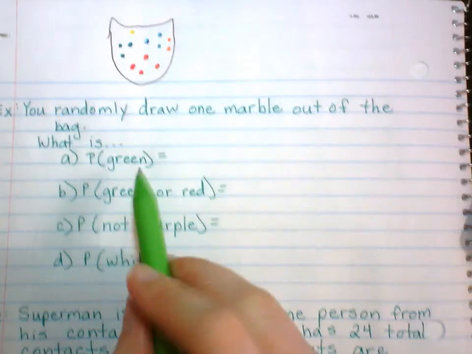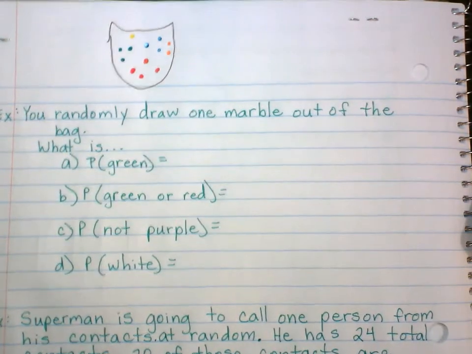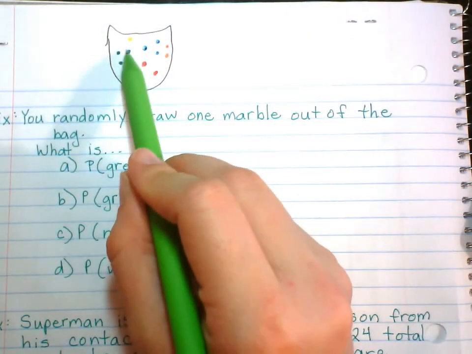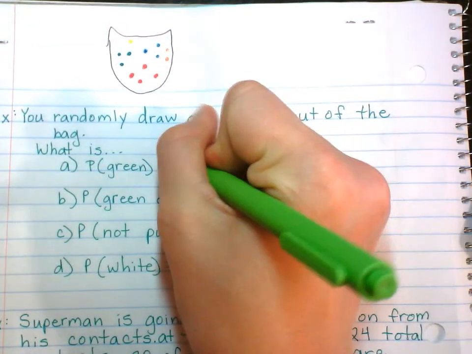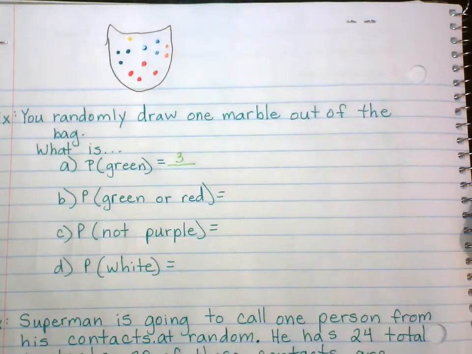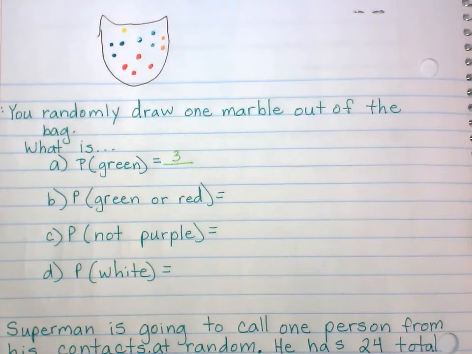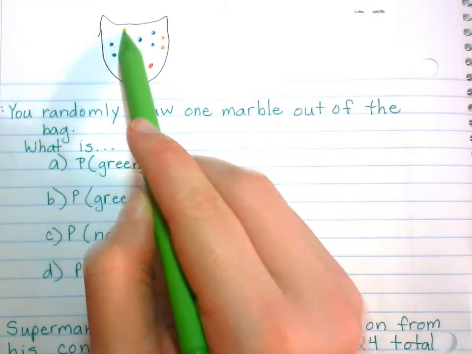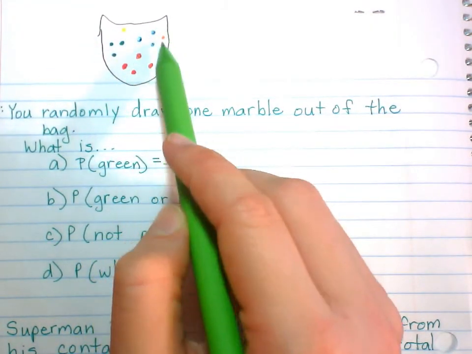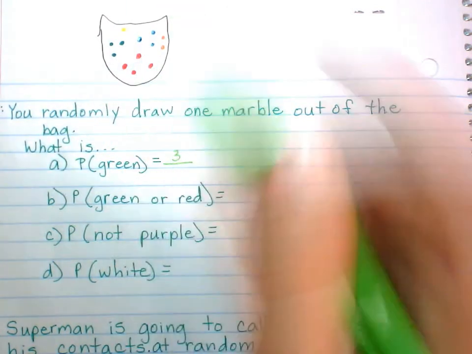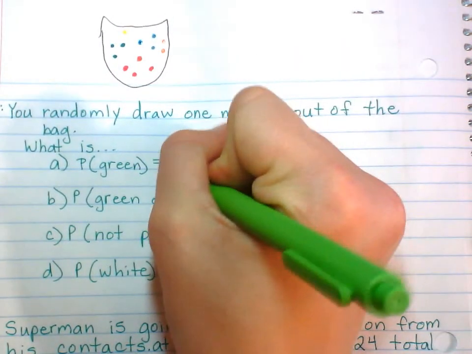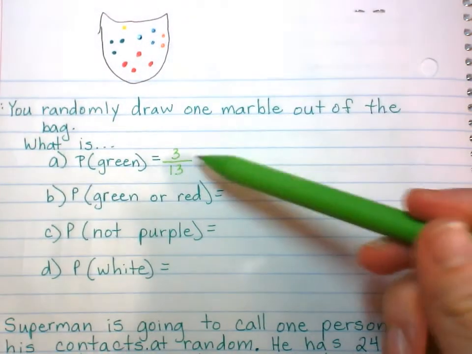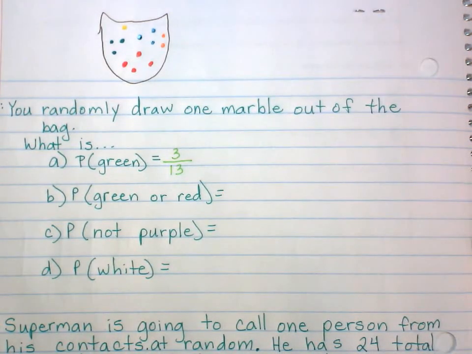How many marbles are green? 1, 2, 3. 3 marbles are green out of how many marbles total? How many possible outcomes are there? 1, 2, 3, 4, 5, 6, 7, 8, 9, 10, 11, 12, 13. So 3 out of 13. 3 marbles are green out of 13 marbles total in the bag.